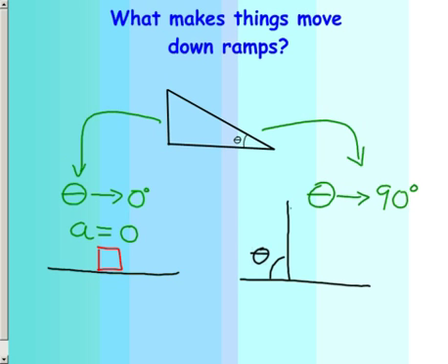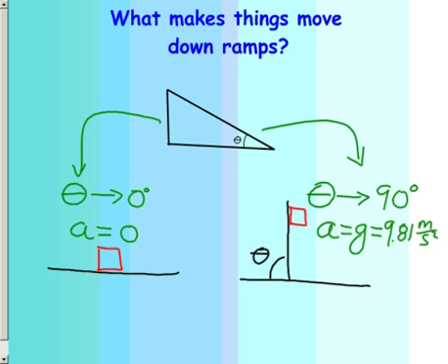Like I said, we put our box on our cliff. Well, what's our acceleration going to be? Basically, we just dropped it off the cliff. So now our acceleration is going to be the acceleration because of gravity, and it's going to accelerate at 9.81 meters per second squared.